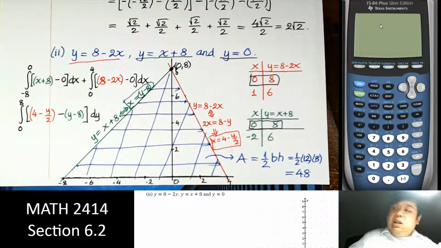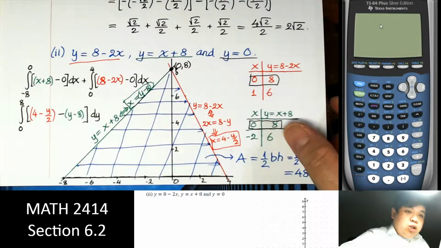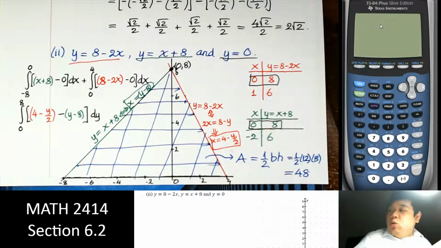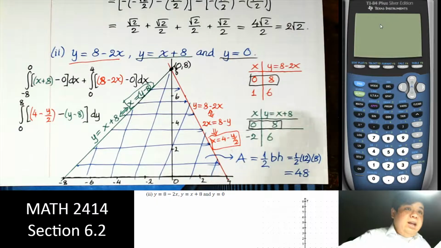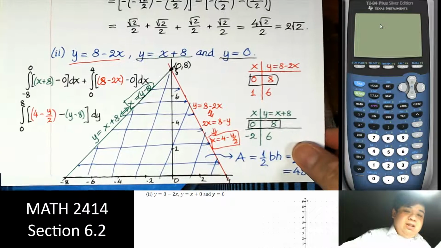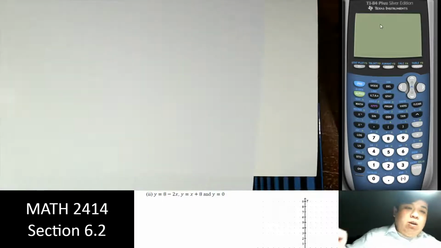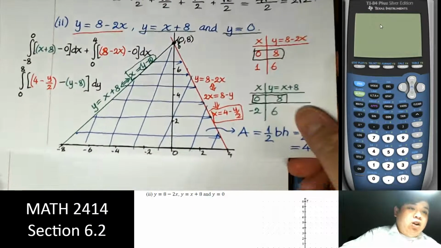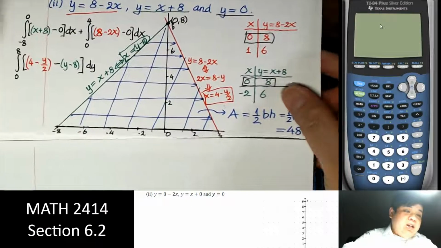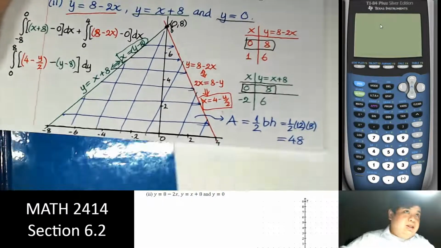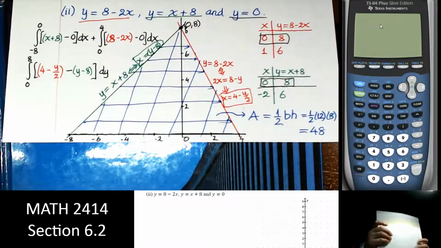It's always like that. Because after all, we're trying to find the area. Area cannot be negative. So the bigger number minus the smaller number. The function above minus the function below. The function on the right minus the function on the left.